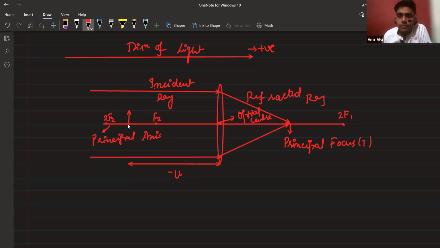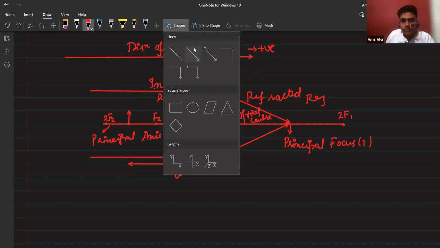If the light is going in this direction and I am also moving in this direction, it is the positive direction. So v will be positive.